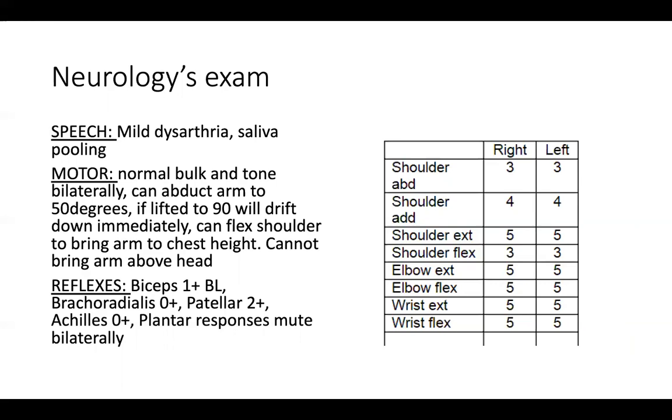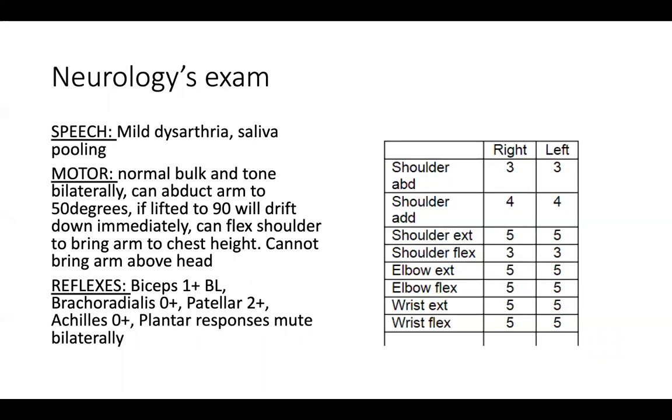And then motor, they said normal bulk and tone bilaterally, and he can abduct his arm to 50 degrees, so about halfway from hip to shoulder. But he can't lift it beyond that. And if you lift it to 90, it gradually drifts down. He can't bring his arm above his head.